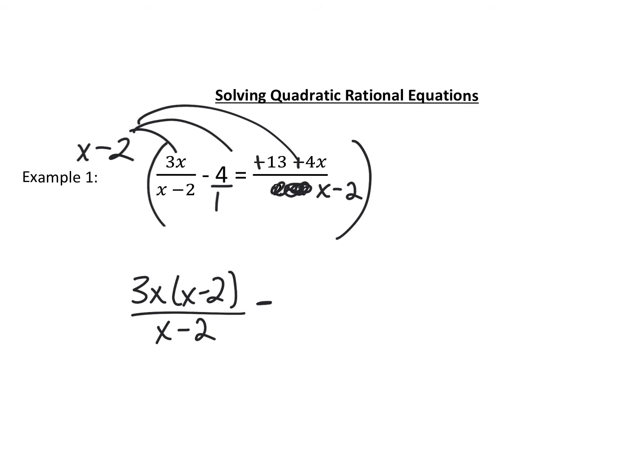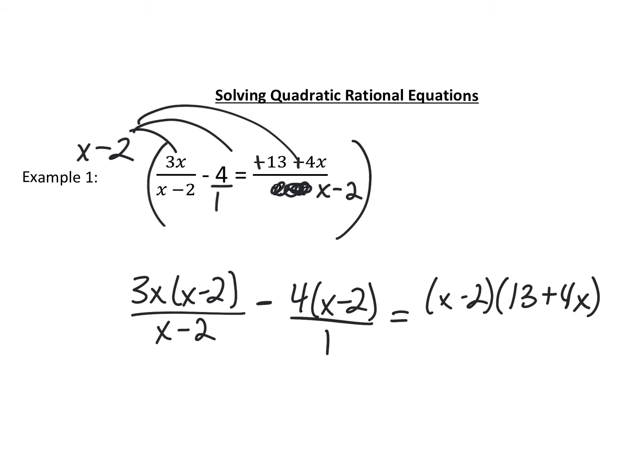So the next one is minus 4 times x minus 2 over 1 equals, and then I've got 2 binomials, which again, we keep separate. We don't distribute, don't do more work than you need to. So again, multiply by the numerator, keep the same denominator for each term. Are you with me?